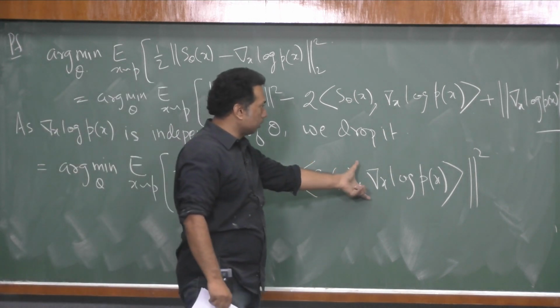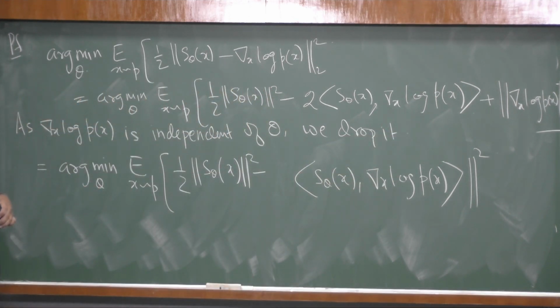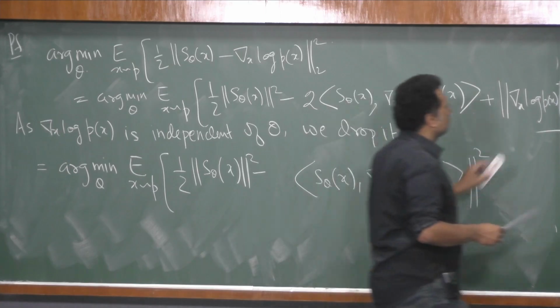What we are supposed to prove is that this inner product is the trace of grad x s theta, then we will be done. This is an expectation, so we can also take it inside, so that's fine. So let us look into this term now.